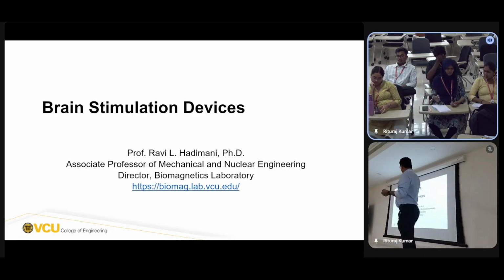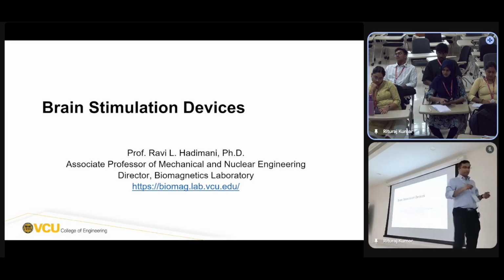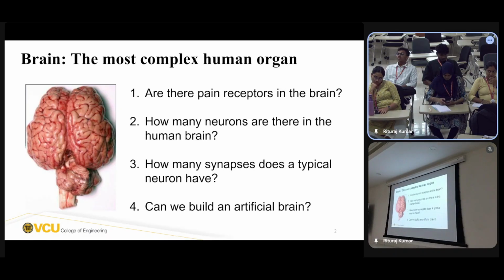So I'm going to show some images of the actual brain. So it might look a little gory for some people, but please bear with me or look away if you can't tolerate it. That's our human brain. Okay?